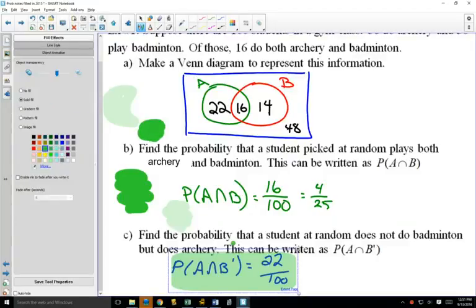How's that? That's too dark. Go this one. That's still too dark. There we go. So if I did all of A, that would be this part. And if I did everything that was not B, that would be on the outside of the red.